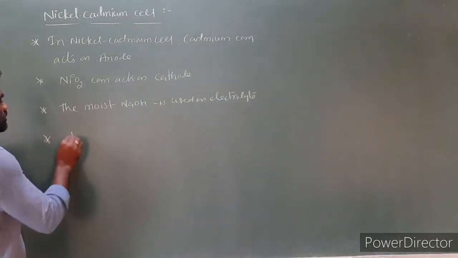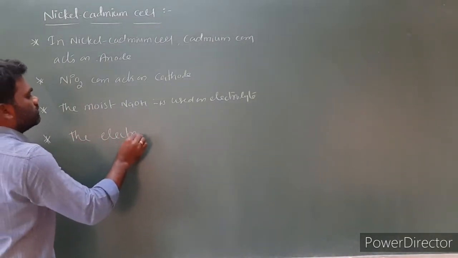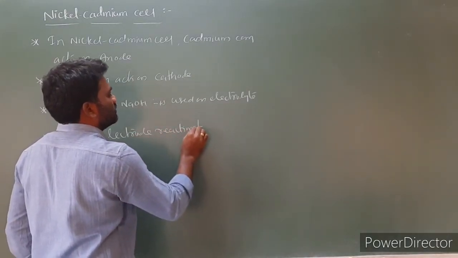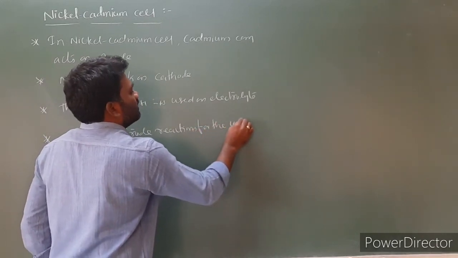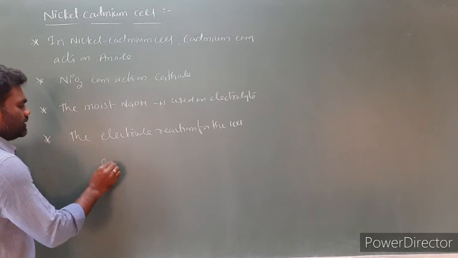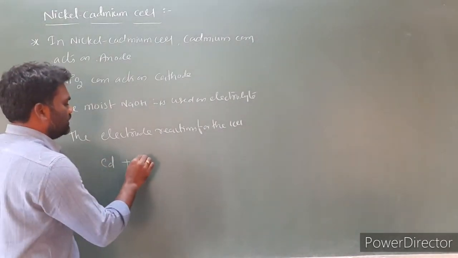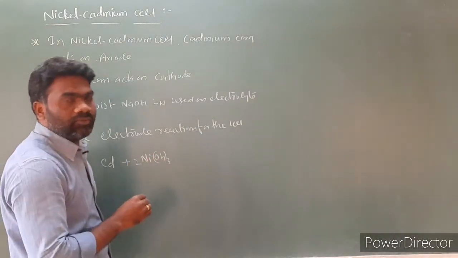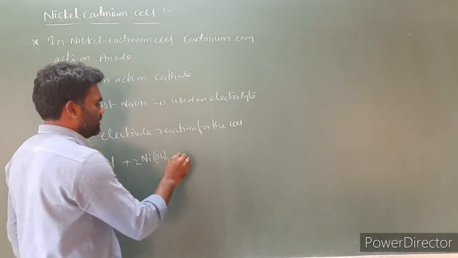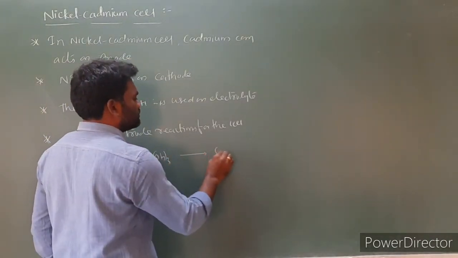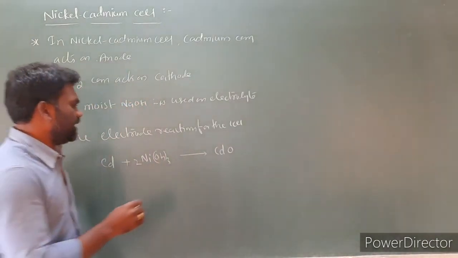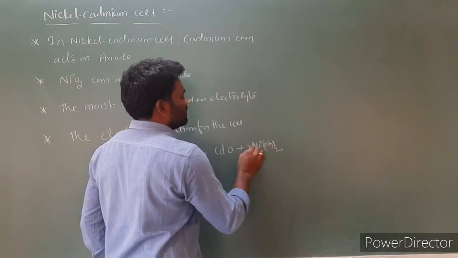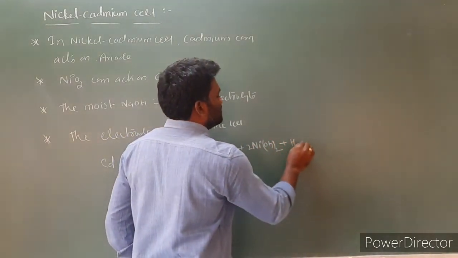Next, the electrode reactions for the cell: cadmium plus 2 Ni(OH)3 gives rise to CdO plus 2 Ni(OH)2 plus H2O.